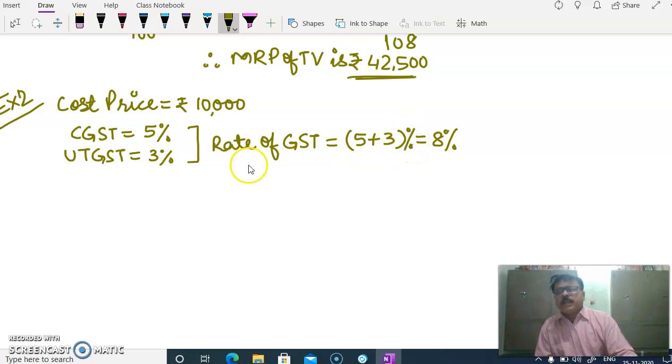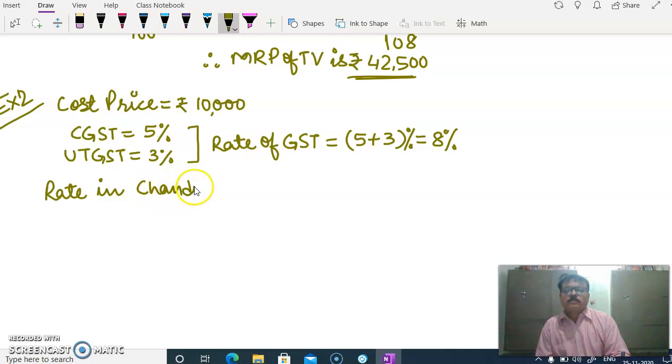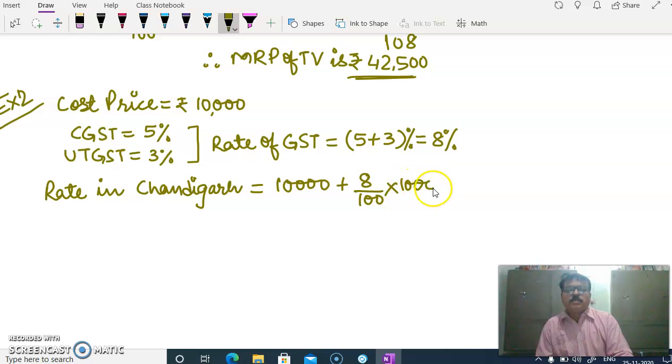Now what we have to find? Rate of the article in Chandigarh. That is 10,000 rupees plus 8% tax on 10,000 rupees, which is 800. So the cost of the article in Chandigarh will be rupees 10,800.